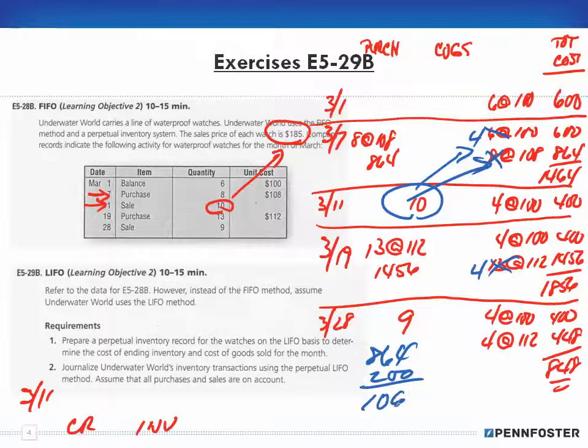So we're going to credit our inventory for 1,064.